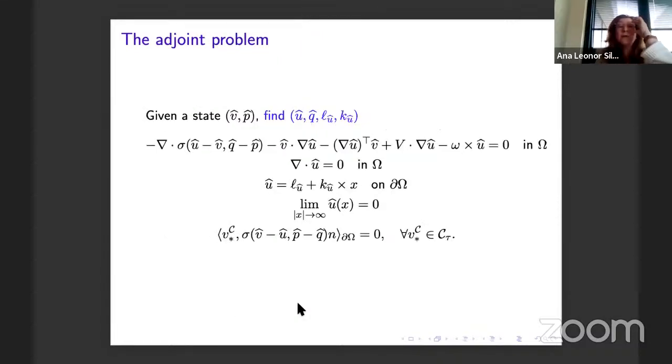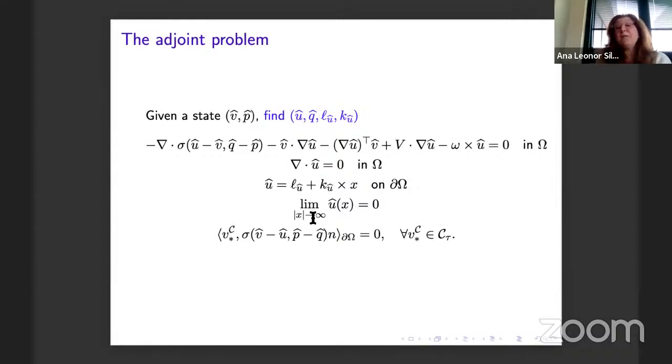Okay, so what we find is the adjoint system in this form. This first part here, except for the terms associated with the rotation of the rigid body, also includes the translation. This is more or less known from the Navier-Stokes equations, the same with the divergence-free condition.